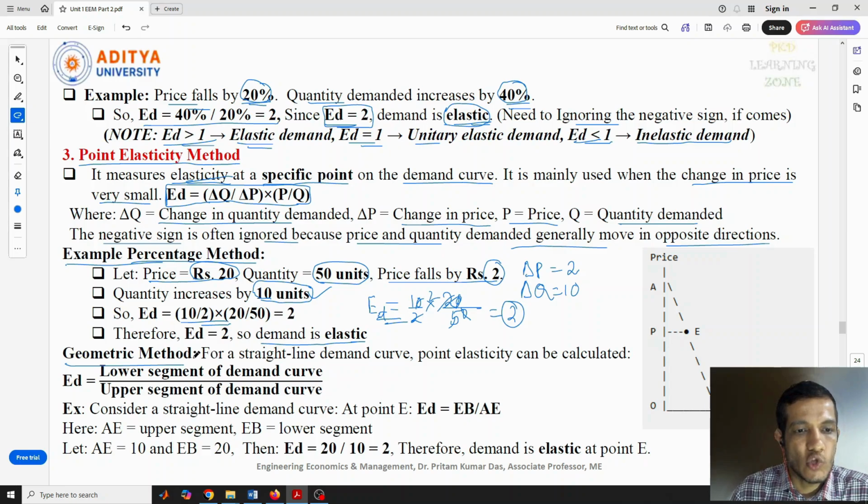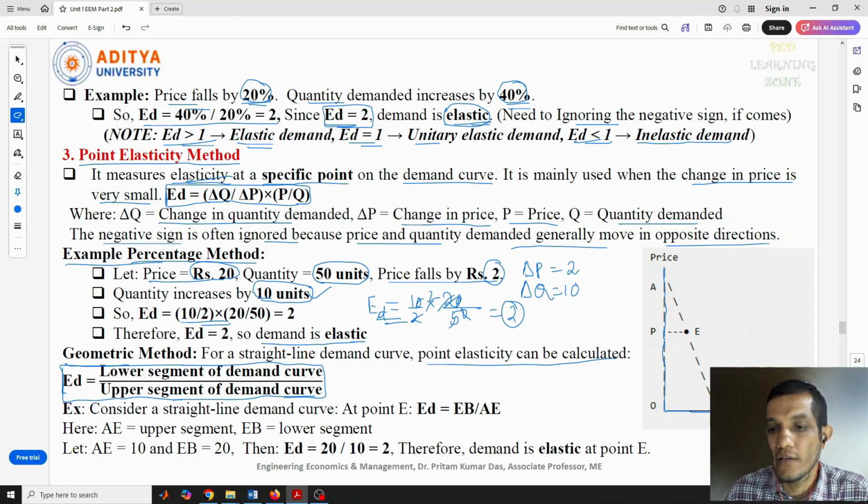The next option is the geometric method. For a straight line demand curve, the point elasticity can be calculated by this formula. What is the formula? ED equal to the lower segment of the demand curve divided by the upper segment of the demand curve. For that, here also I have taken one graph. This is the graph given with the x-axis and y-axis: the x-axis gives the quantity, and the y-axis gives the price.